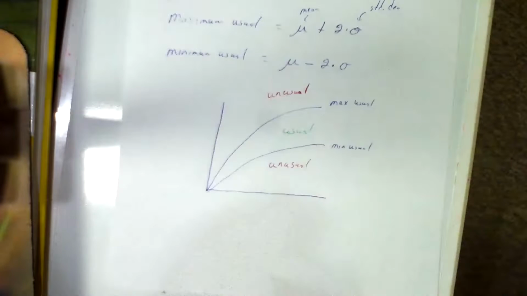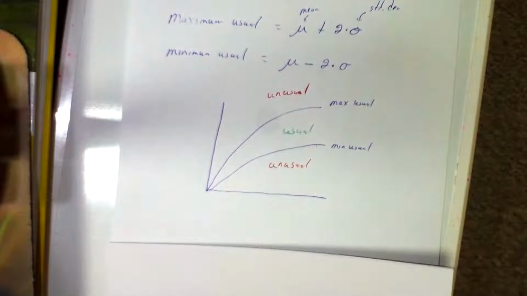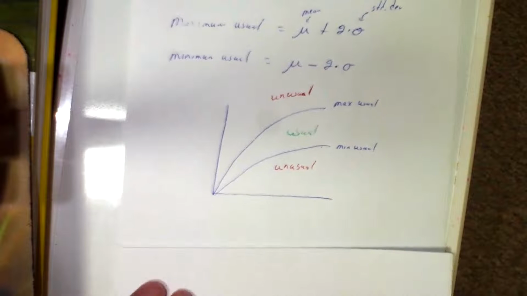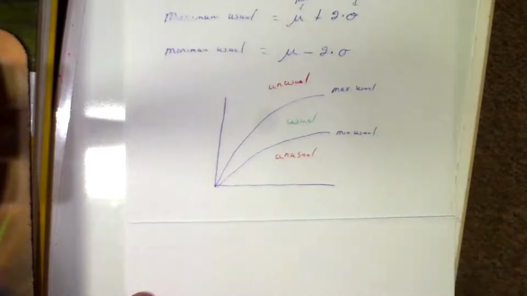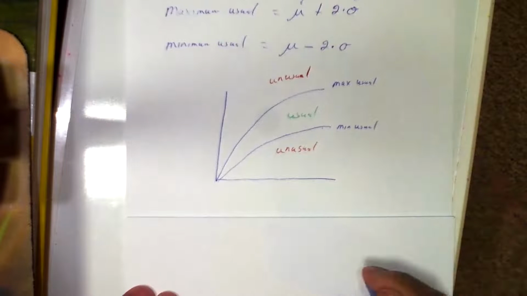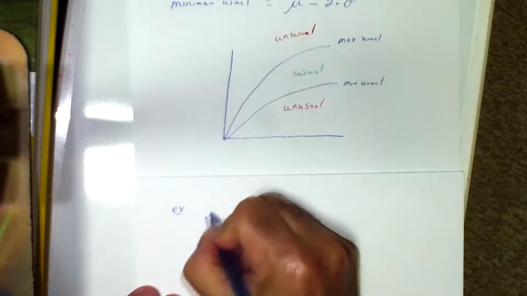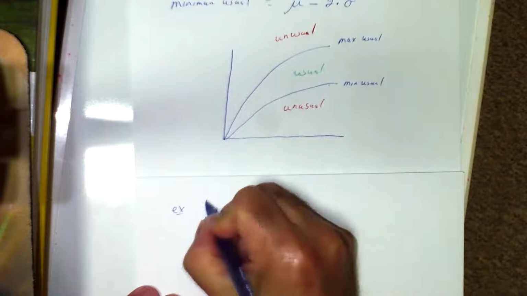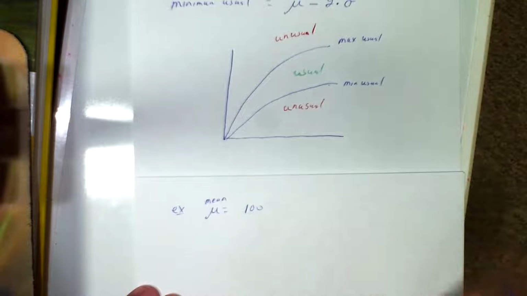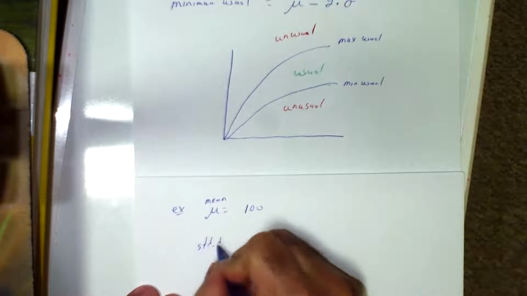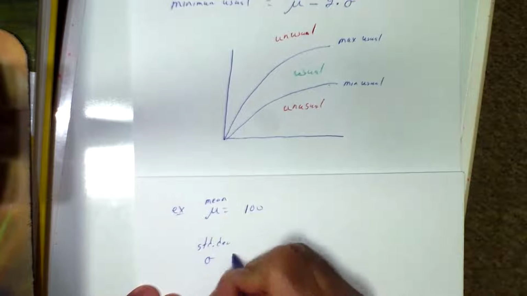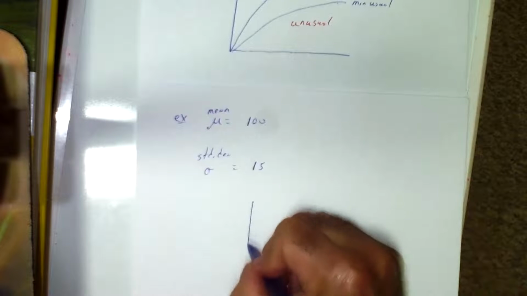So let's say that you work for an occupational therapist company, and you're measuring IQs of children, right? And they're going to give you the mean and standard deviation. So let's suppose that the mean IQ is 100, and the standard deviation is 15. And I want to construct my chart.